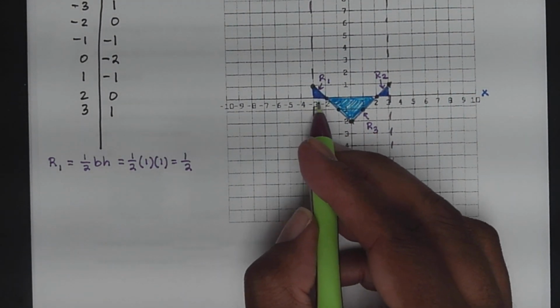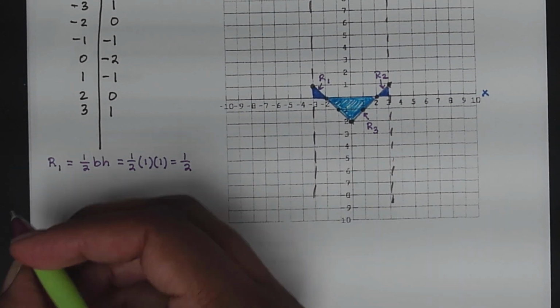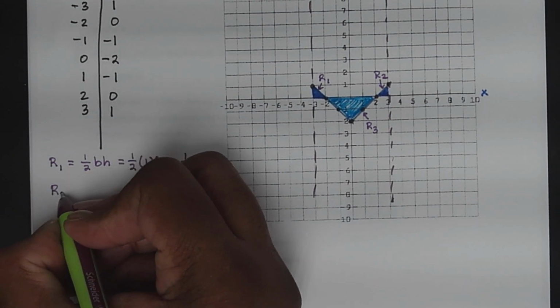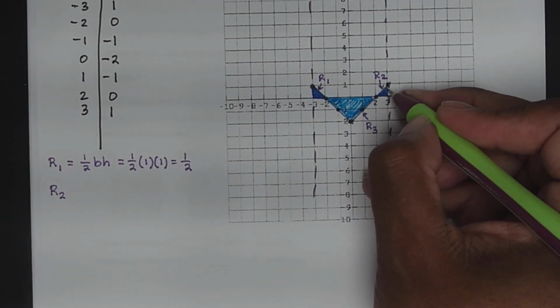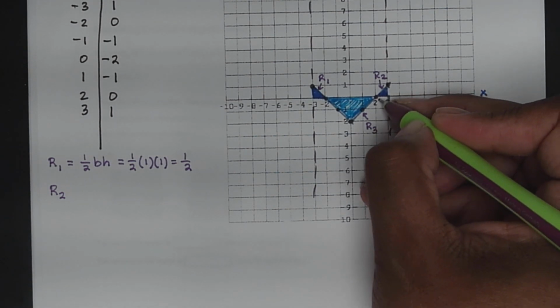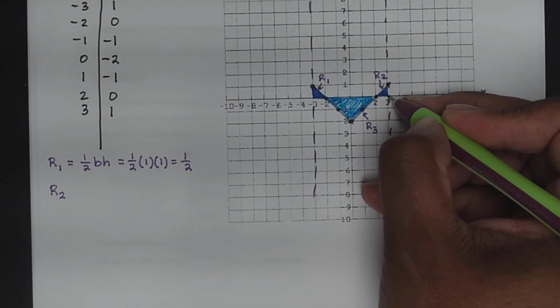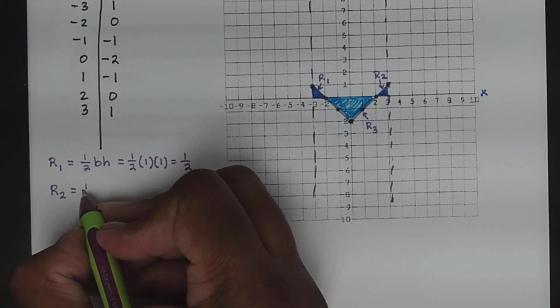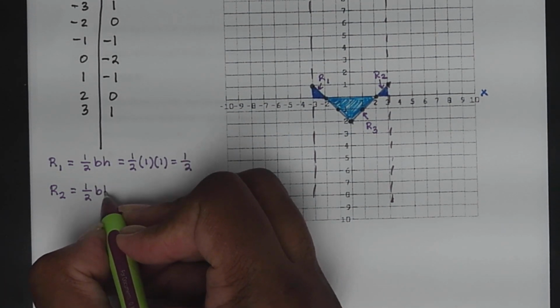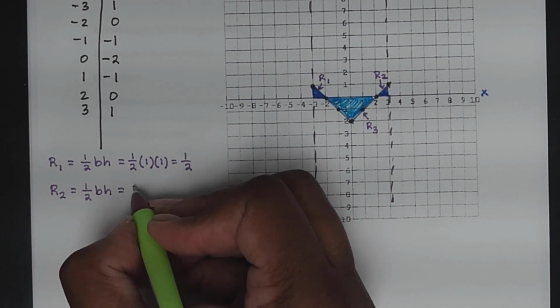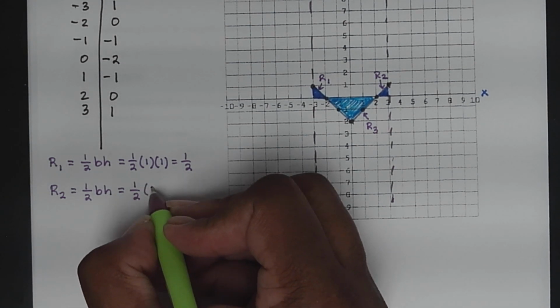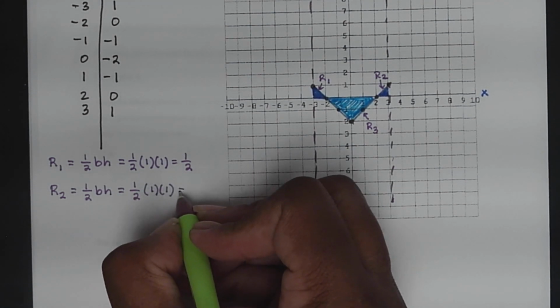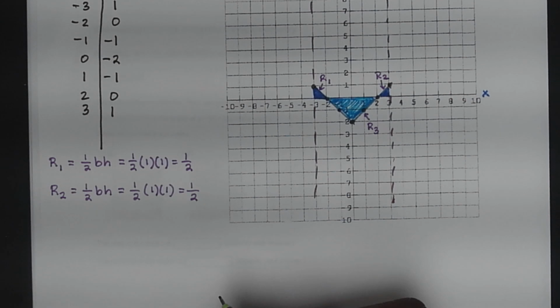So the area of that region there will be 1/2. And region 2 over here, same thing. From 2 to 3, that base is 1. From 0 to 1, that height is going to be 1. So the area there of that triangle is 1/2 the base times the height, or 1/2 of 1 times 1, which is 1/2.